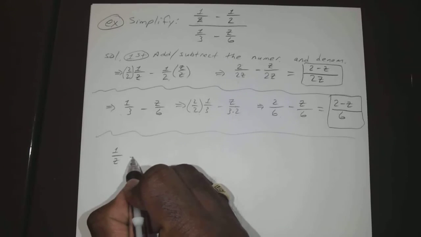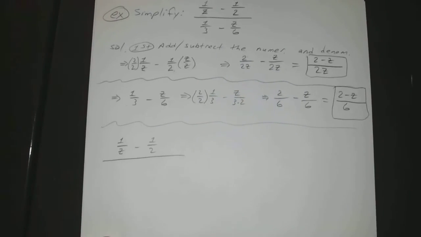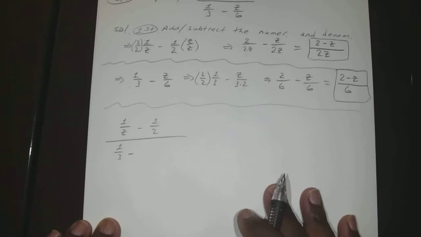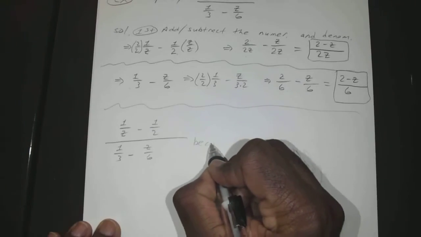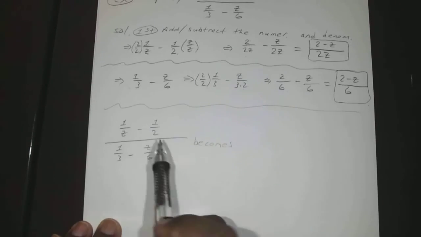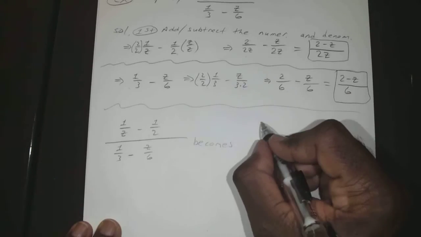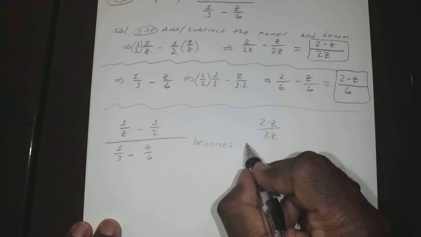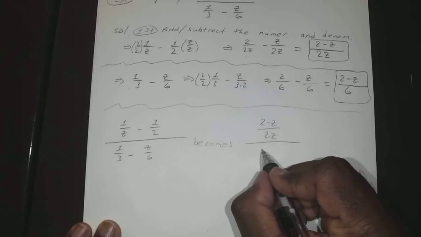So 1 over z minus 1/2 divided by 1/3 minus z over 6 becomes 1 over z minus 1/2 is 2 minus z over 2z divided by 1/3 minus z over 6.